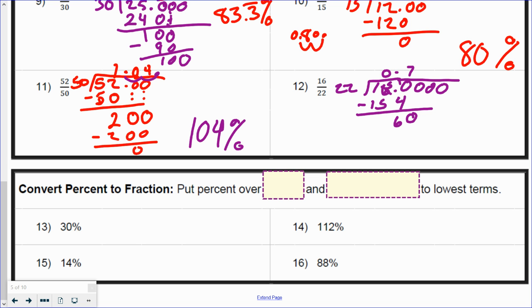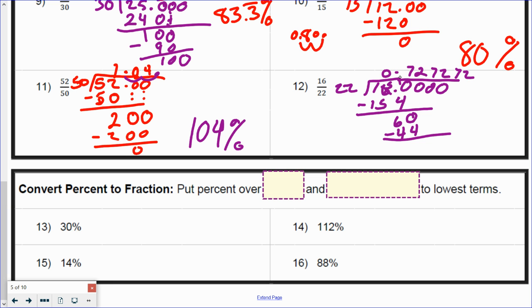And 22 goes into 60 twice for 44. And you're going to notice we keep getting kind of the same thing over and over and over. Each time we're going to keep getting 72 and 72. All right, but we're just going to move our decimal over twice.